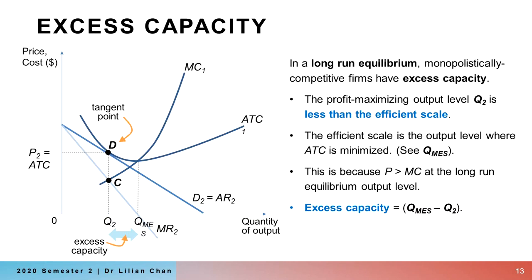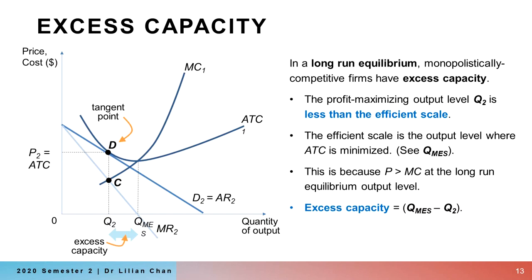So at Q2, you'll find that it's less than the efficient scale. So the difference between the efficient scale and the market output level Q2, QMES minus Q2, that's the amount of excess capacity. And that exists for firms in this situation.